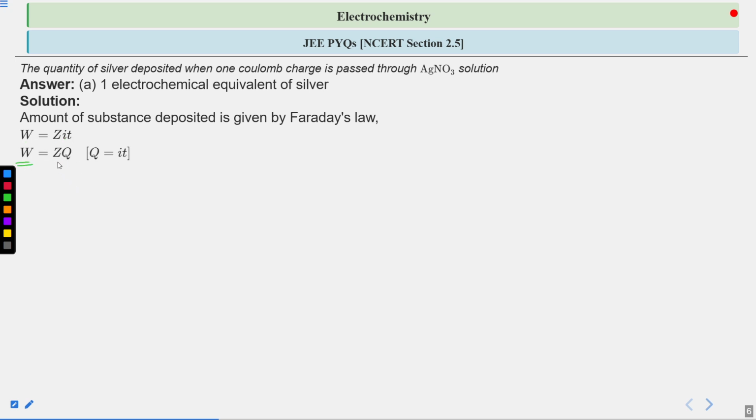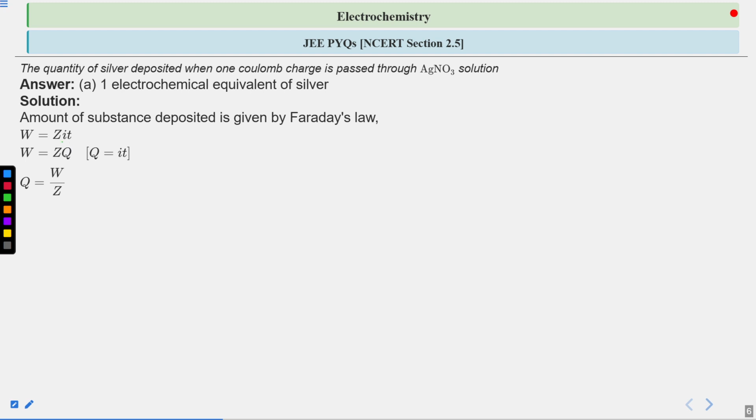W is also defined as ZQ because Q equals IT. Q is the representation of the charge. Charge unit is coulomb, represented by C, but the representation of charge itself is Q. So Q equals current times time.